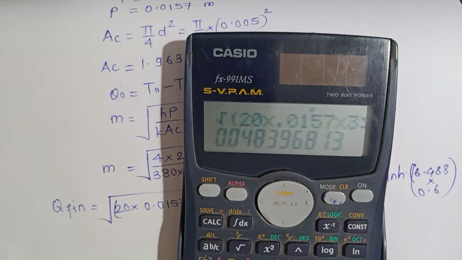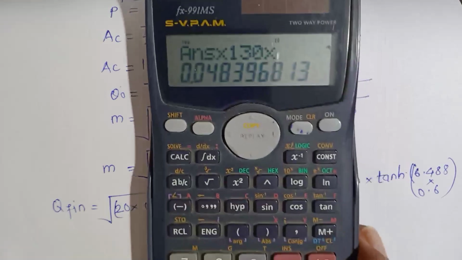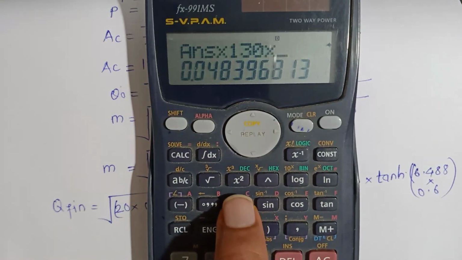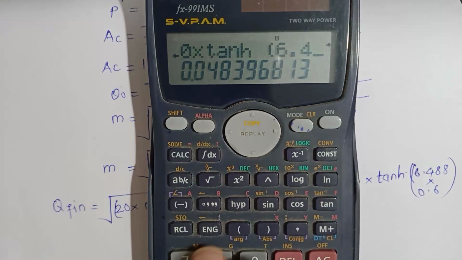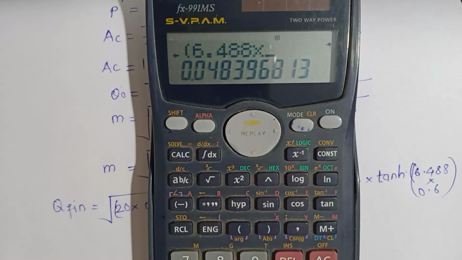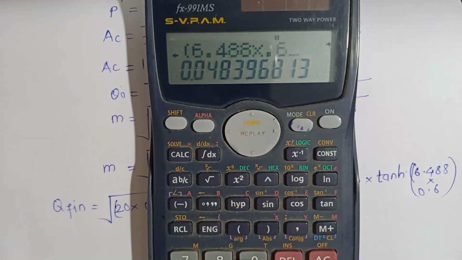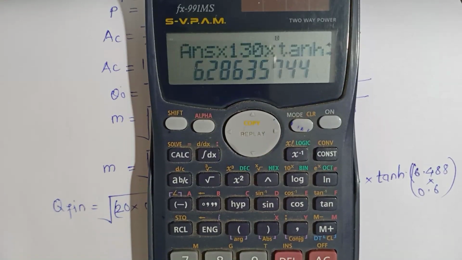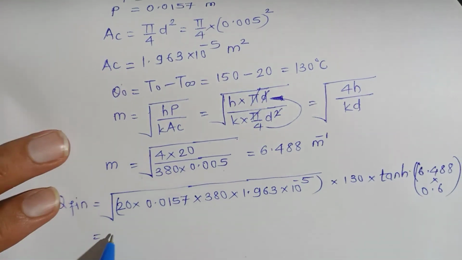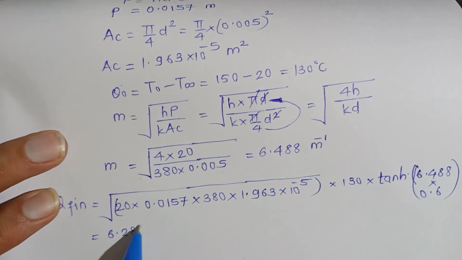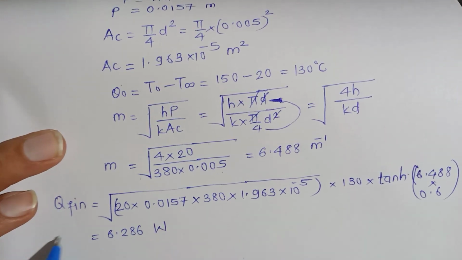So the square root is complete, multiplied by 130 multiplied by hyperbolic tan of ml. M is 6.488. We need to put that ml entirely inside the bracket, multiplied by length 0.6. So we get 6.286 as the quantity of heat transfer. So the total quantity of heat transfer in this case will be 6.286 watt. This will be total heat transfer from the fin.